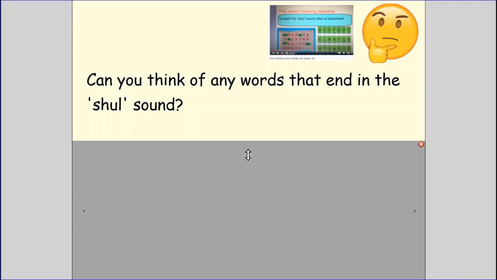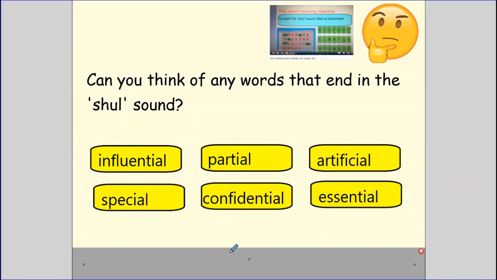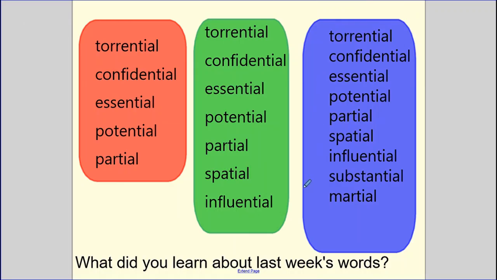Okay, now I haven't got them all here, but let's take a look at some examples. You might have written some of these down. Influential, partial, artificial, special, confidential, and essential. So what did you learn about last week's words then?